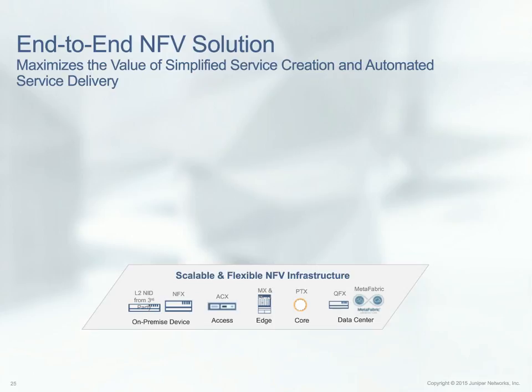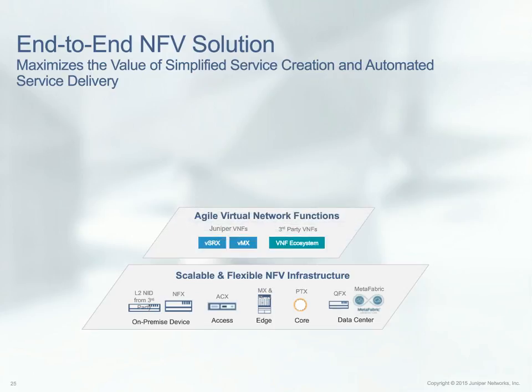And so these devices now have been very purpose-built for working within this architectural context. Now, the other element, of course, is the virtual network functions. Juniper has platforms specifically to enable a broad range of virtual network functions with the virtual SRX and virtual MX.